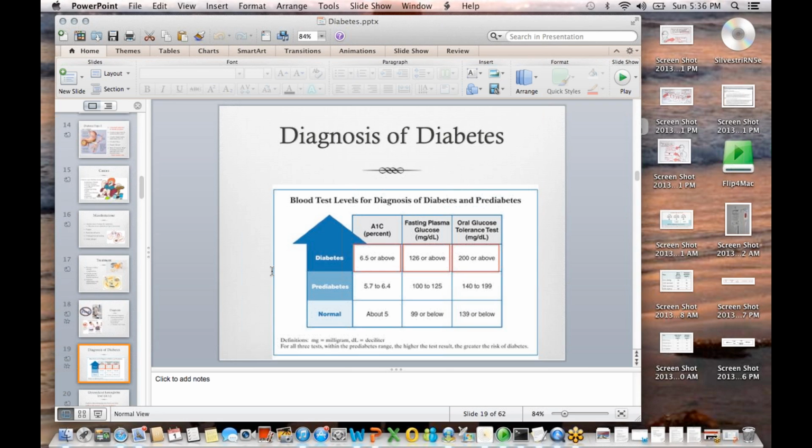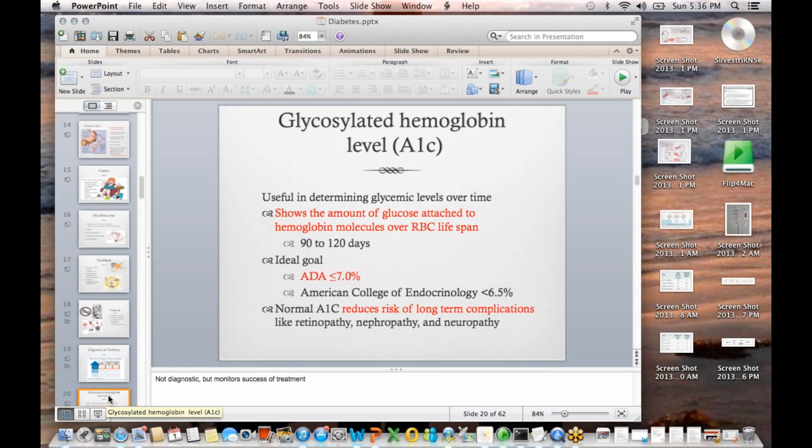Your fasting plasma glucose greater than 126, and your 2 hour oral glucose tolerance test above 200. What they do is they drink a sugary drink, they check their blood sugar after 2 hours, and normally you can metabolize that and have blood sugars less than 200. But if you're diabetic, a lot of times that's impaired, so greater than 200 would be your oral glucose tolerance. So make sure you understand the diagnostic levels.